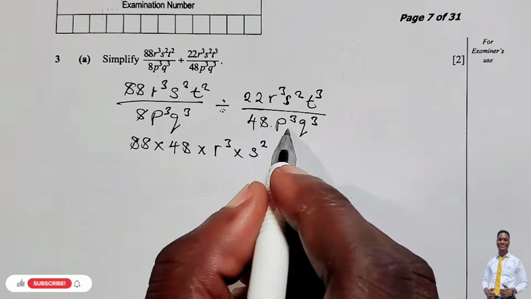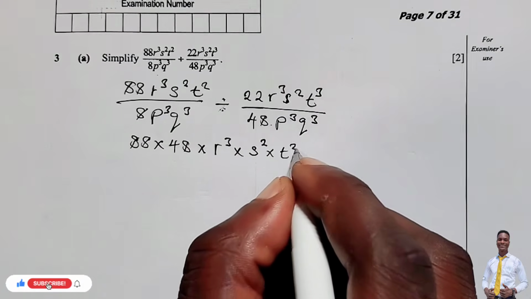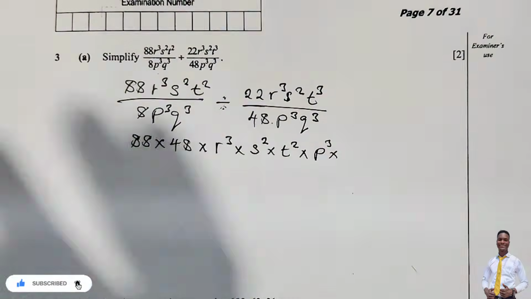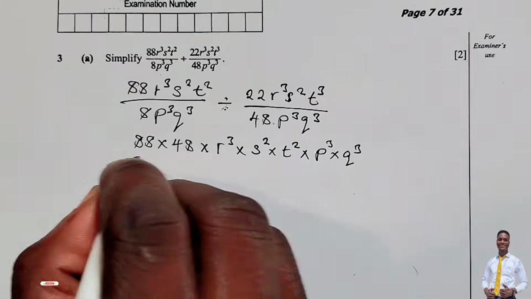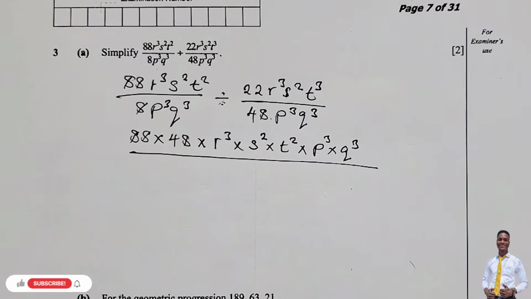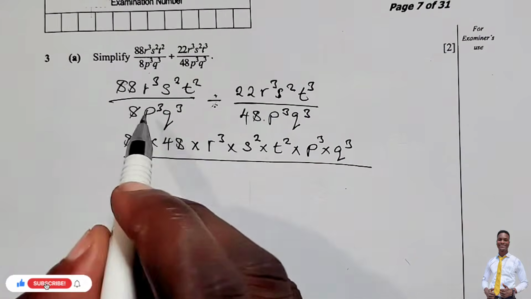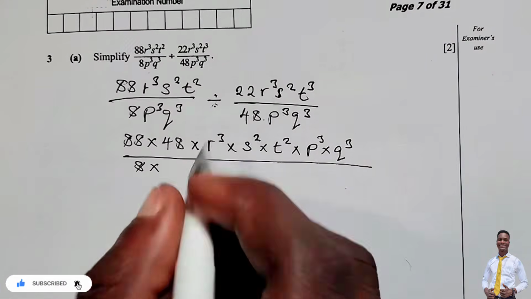We don't have s down here, so times t squared times p to the power 3 times q to the power 3 over, this is over this. We cross multiply, so we have 8 multiplied by 22.